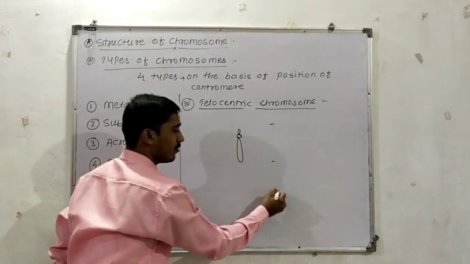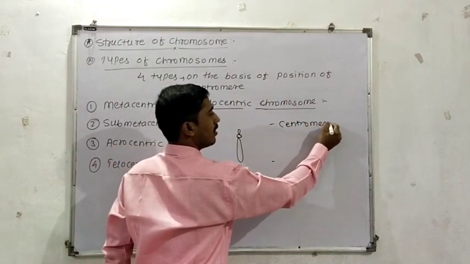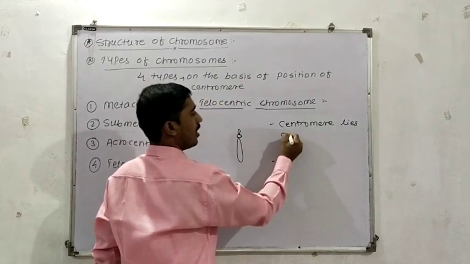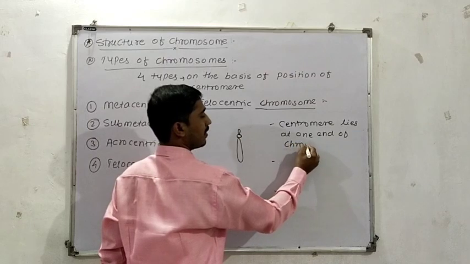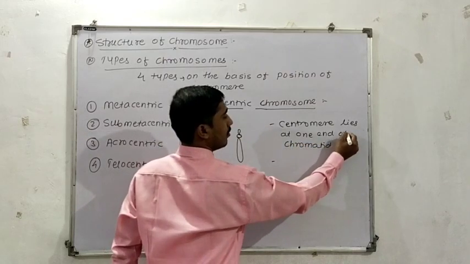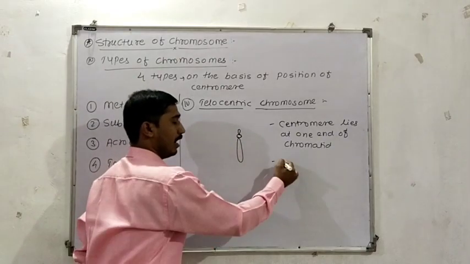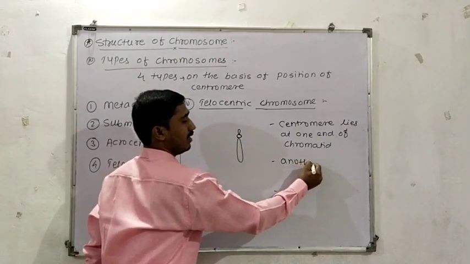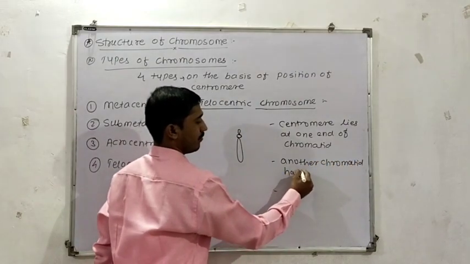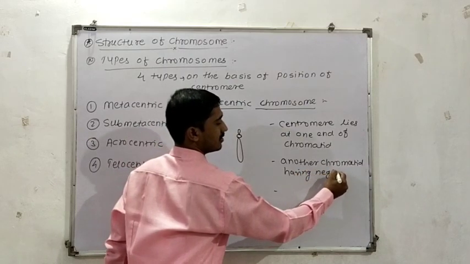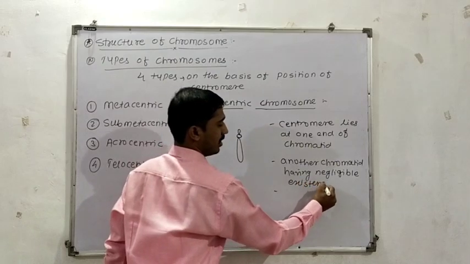So here also again 3 points. First one, centromere lies at one end of the chromatid. And another chromatid has negligible existence.